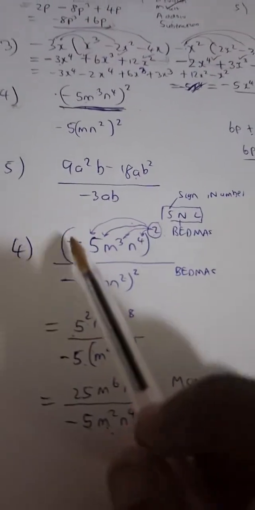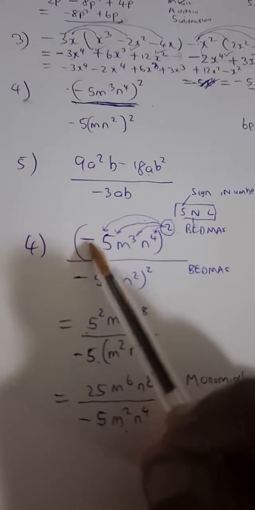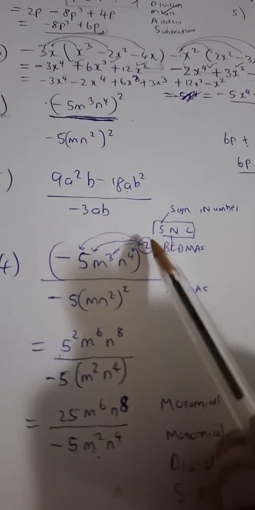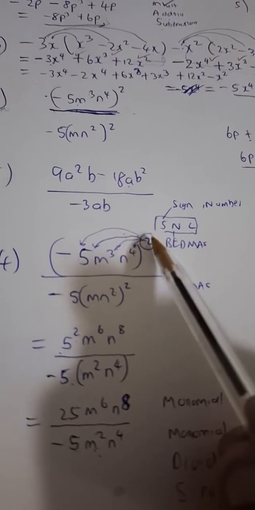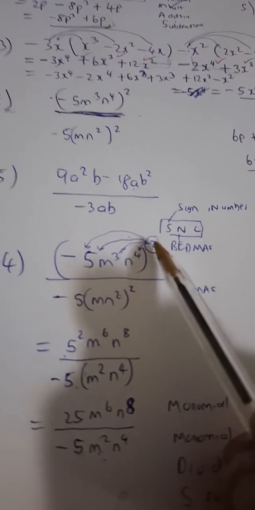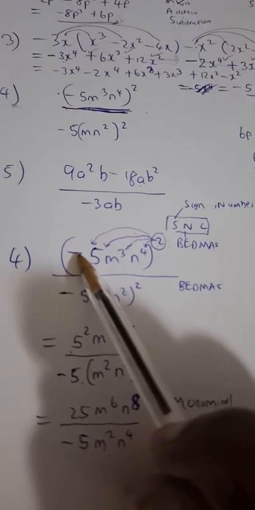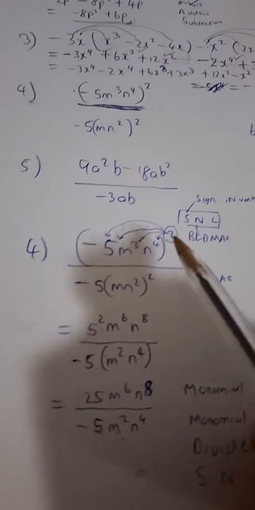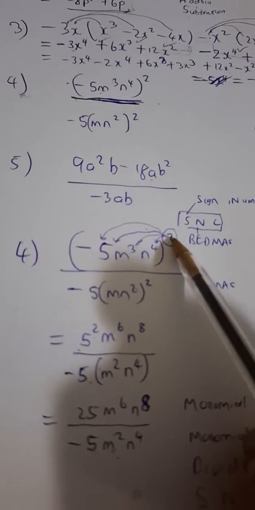But now some of you are asking about the sign. What happened to the negative sign? This is an even number. So if an exponent is even, how does it affect a negative sign? It changes the negative sign to positive. That's what an even exponent does.